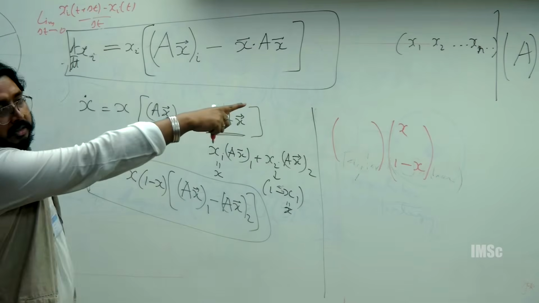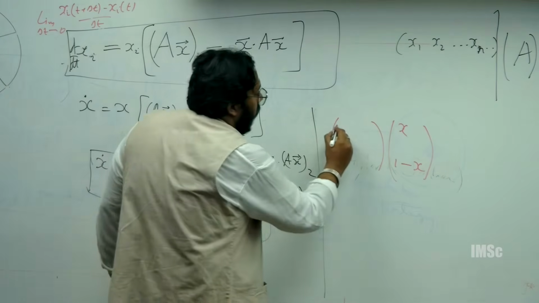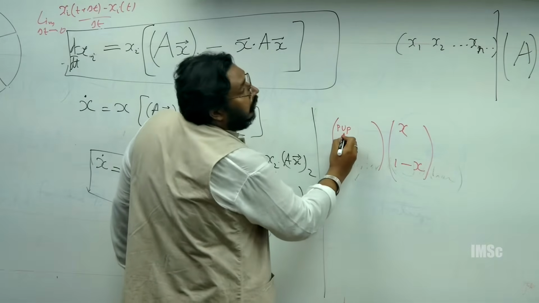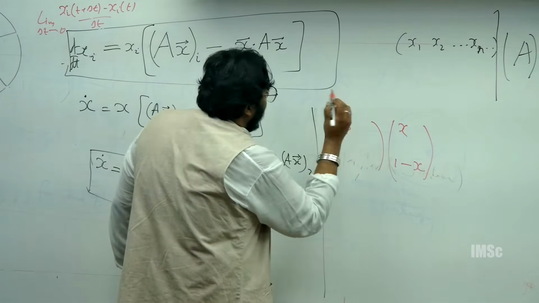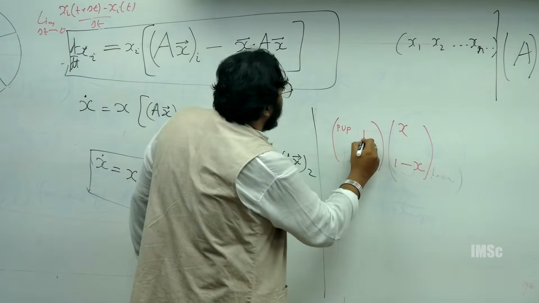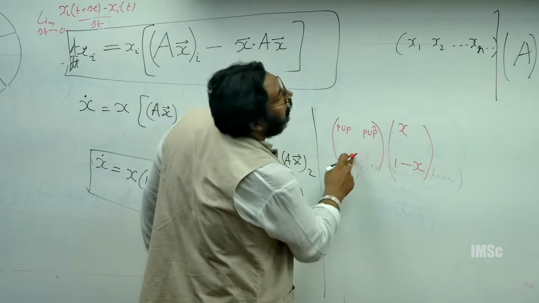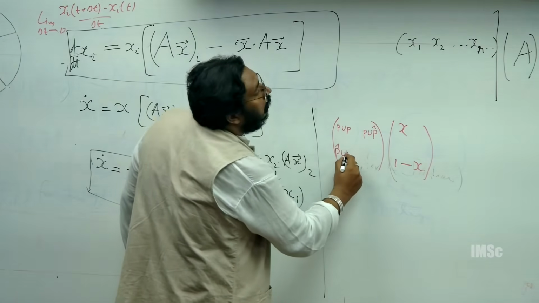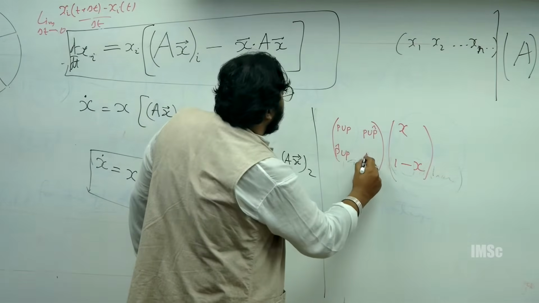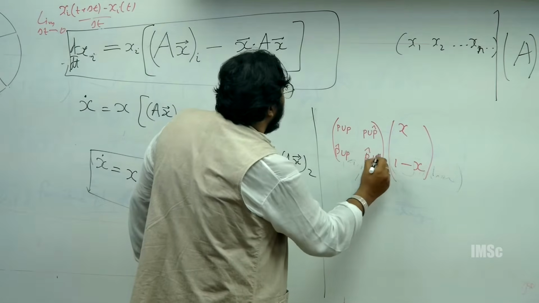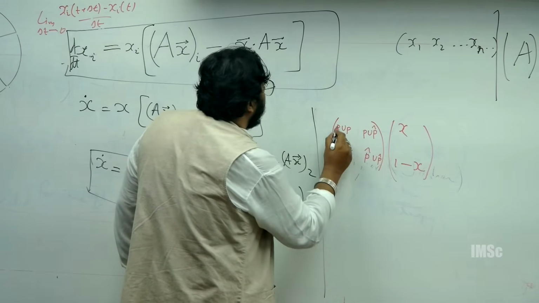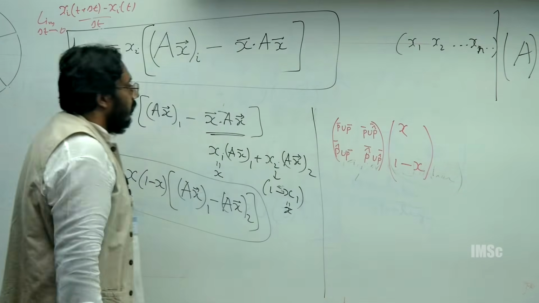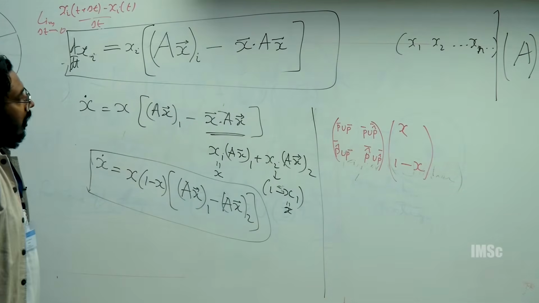It is P U P, with vectors and all that, and P U P cap. Then P cap U P and P cap U P cap. Basically these are all vectors, but a form like that.